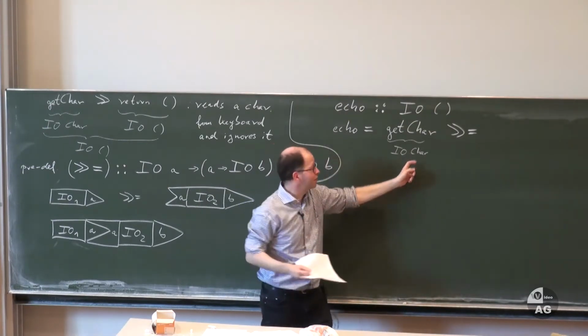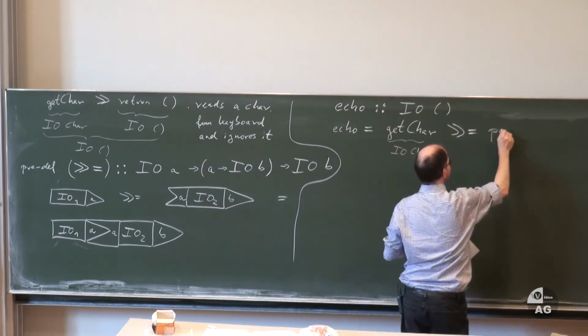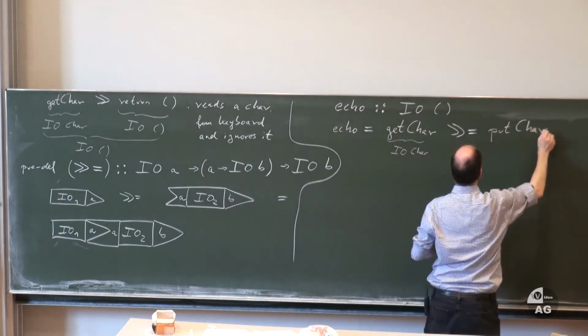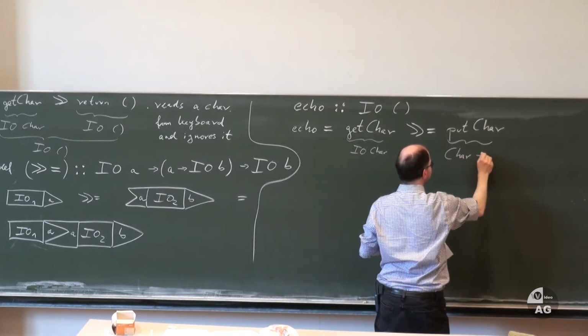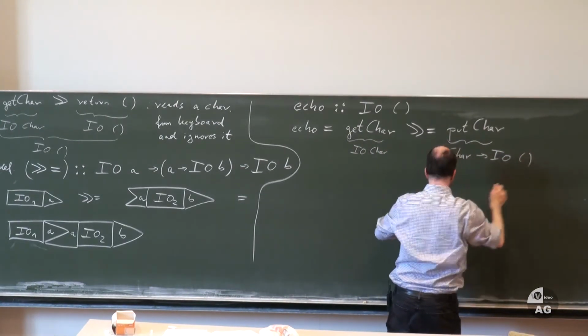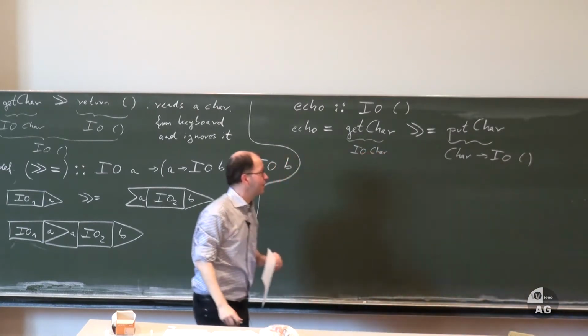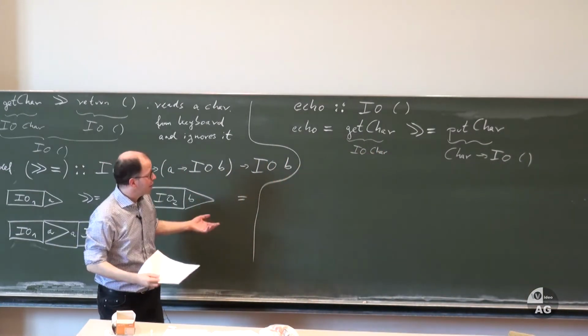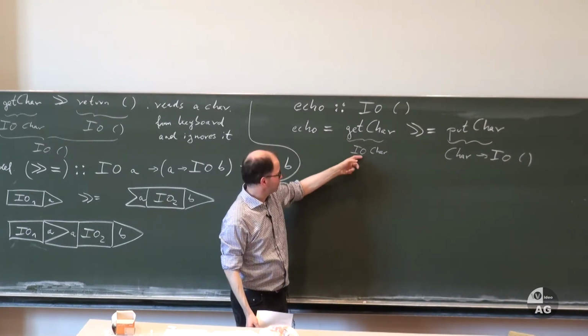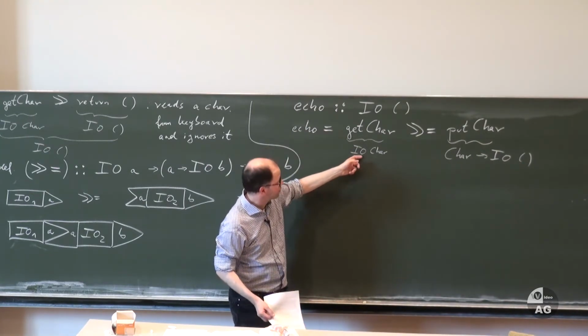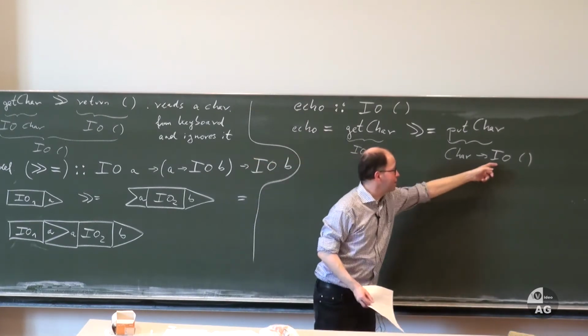Namely, it prints it on the screen. So we do put character afterwards. And put character is a function that takes a character and produces an output action, namely the output action that prints this character on the screen. So if I bind them together, then indeed I have an action which first reads the character from the keyboard, then it takes this character and prints it on the screen.